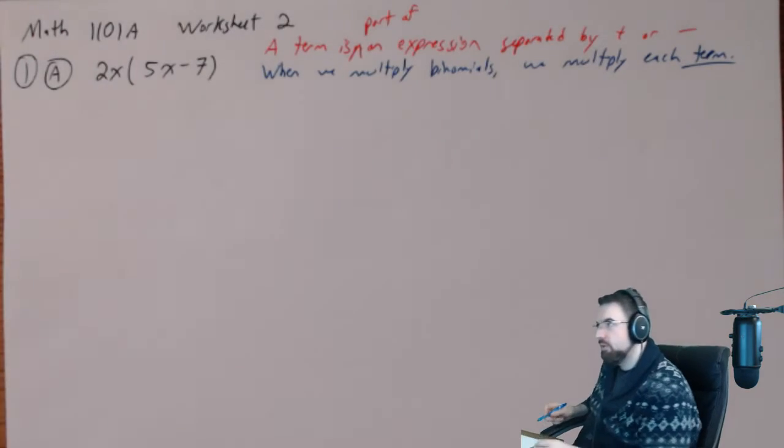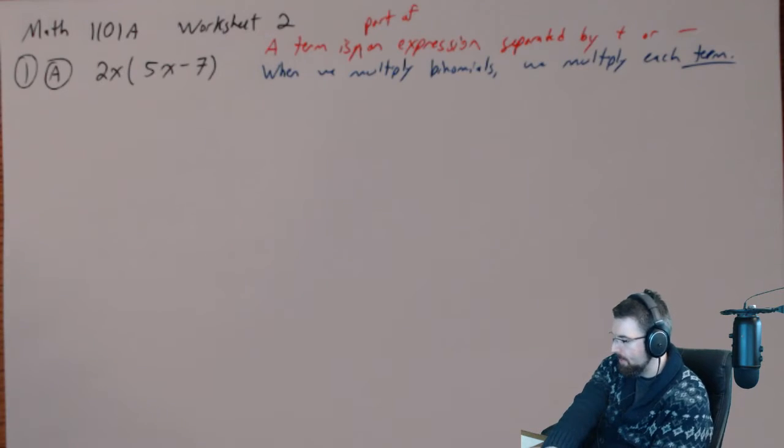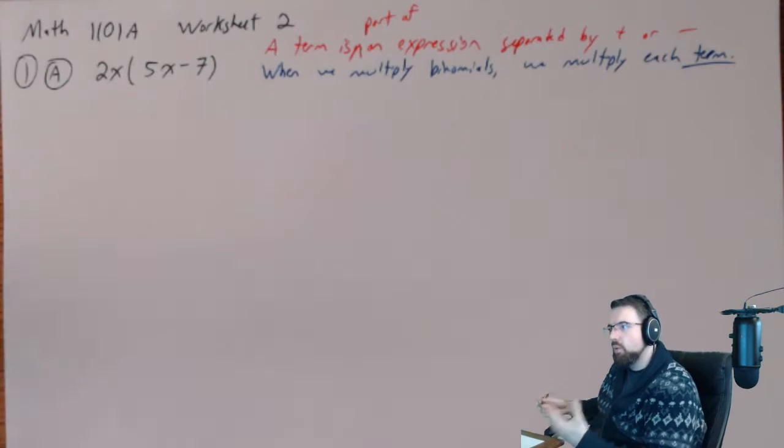When we multiply binomials, we multiply each term. I think that's enough written explanation there. And I'll show you what it means.